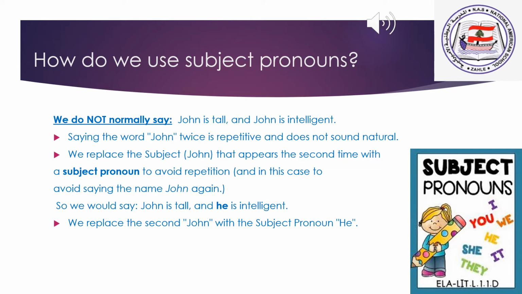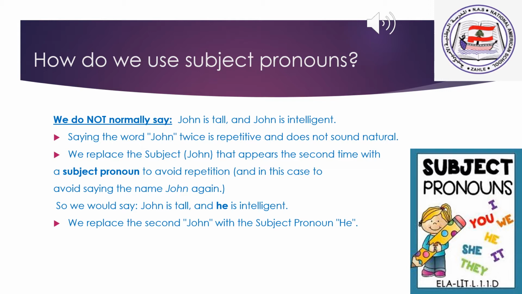How do we use subject pronouns? We do not normally say, John is tall and John is intelligent. Saying the word John twice is repetitive and does not sound natural.